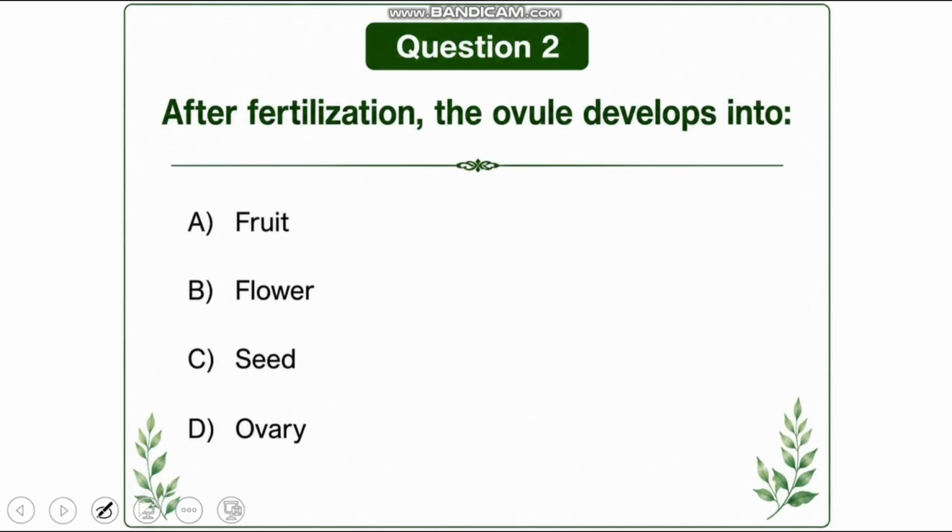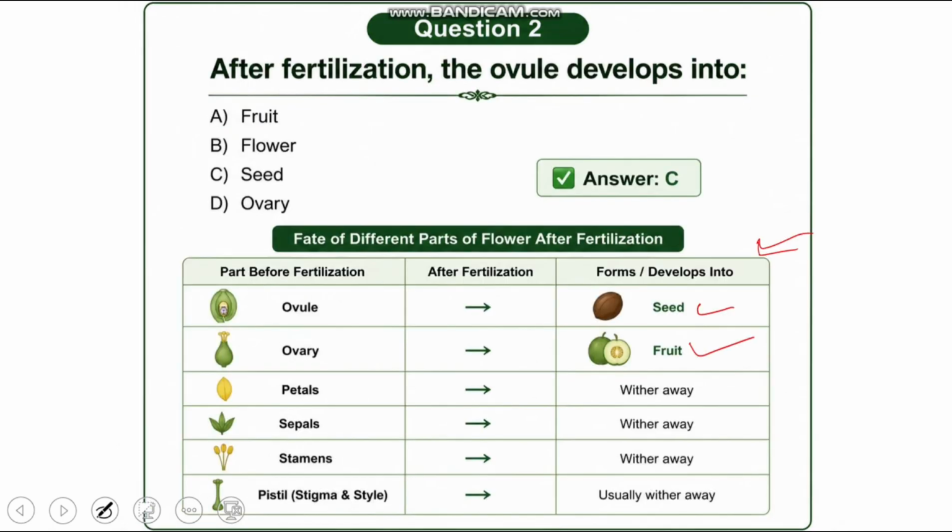The next question is, after fertilization, the ovule develops into which part? The answer is C. The ovule develops into seed.